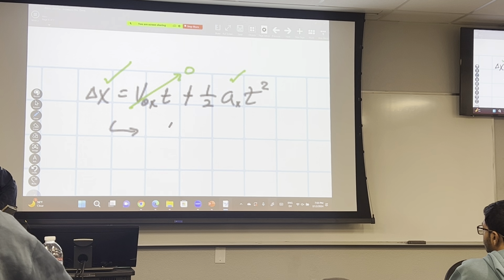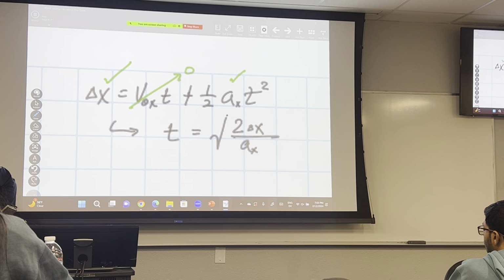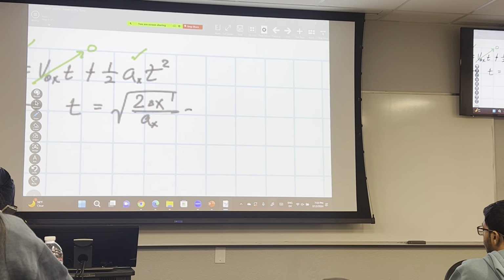So, t then is equal to the square root of 2 delta x over a x. And we know what delta x is, and that is twice the distance, which was 0.05 meters. The acceleration value was 1.1 times 10 to the 17th meters per second squared.